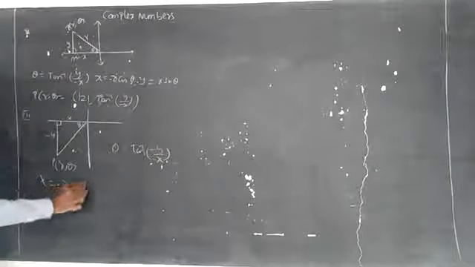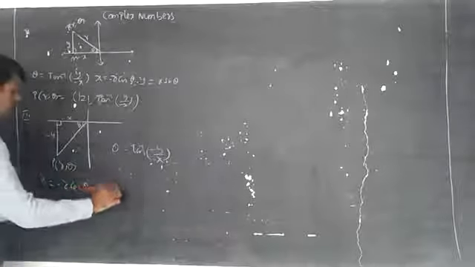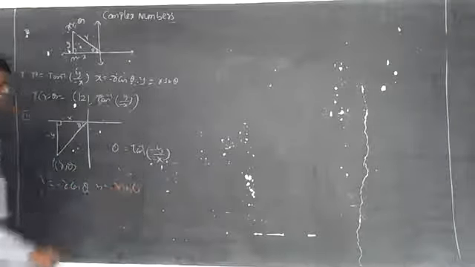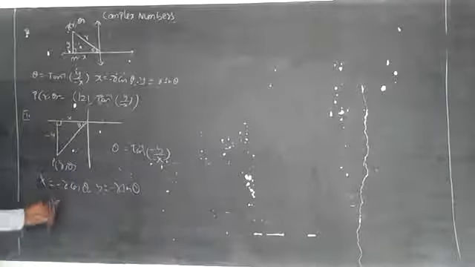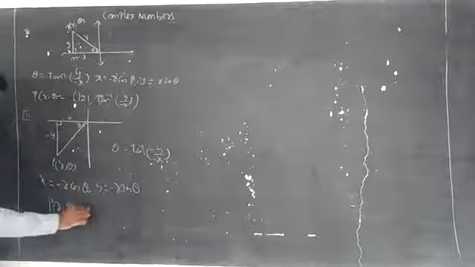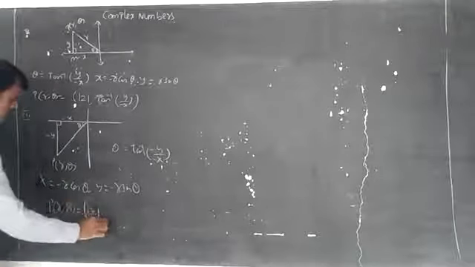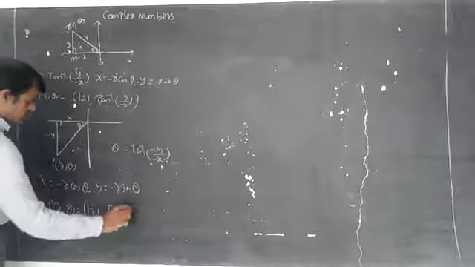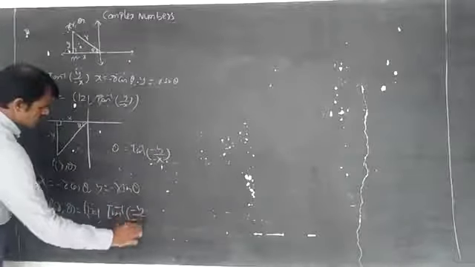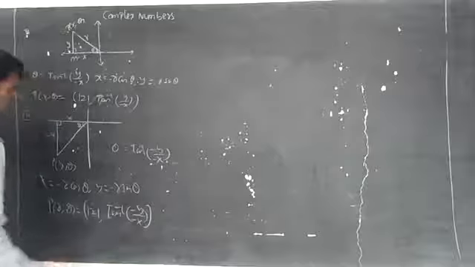X is equal to minus r cos theta and y is equal to minus r sin theta. P(r, theta) you can mention as modulus of z comma tan inverse of minus y by minus x.